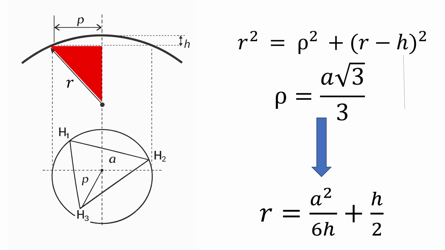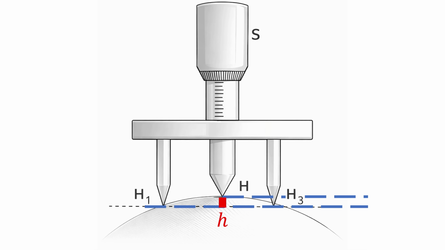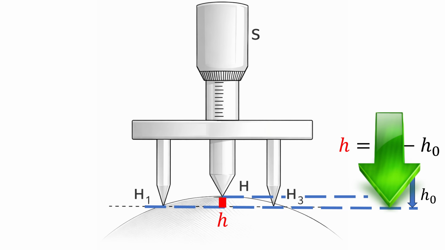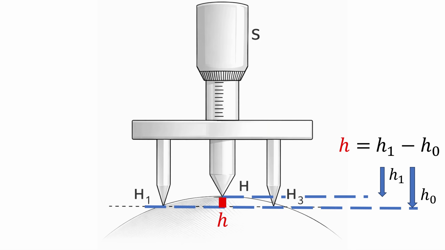Now let's look at the last unknown quantity, the small h. This corresponds to the vertical distance shown here in the diagram. This point represents the central screw of the spherometer, and this is the convex spherical surface. If we record the position of the central screw as h1 when it touches the top of the convex spherical surface, and its position as h0 when it touches the flat surface, then the difference h1 minus h0 gives us the value of h.